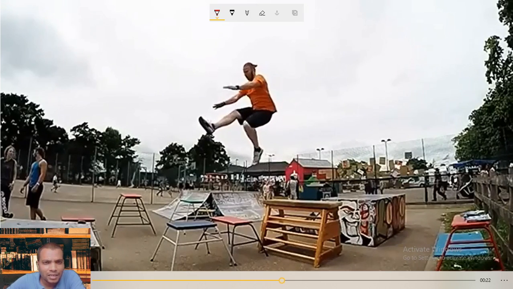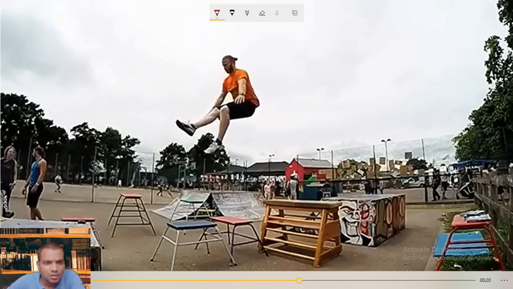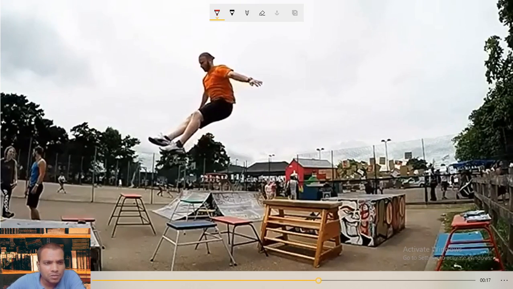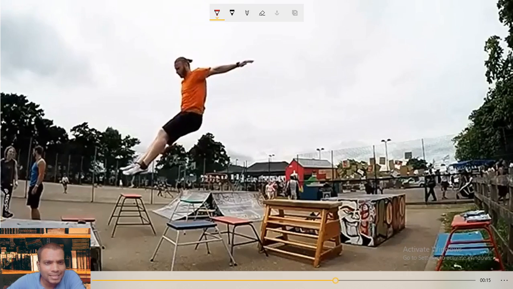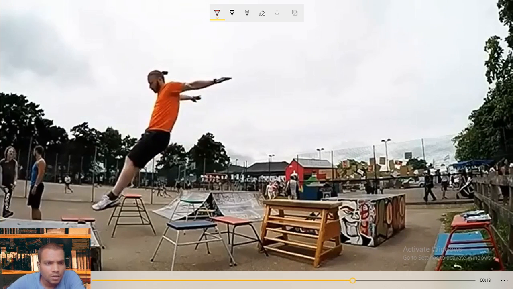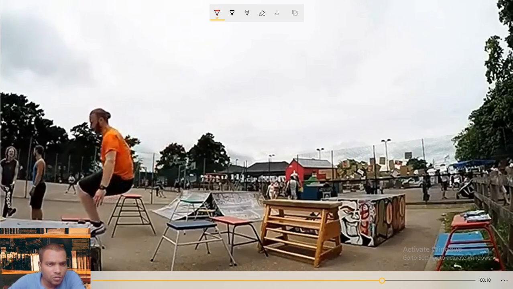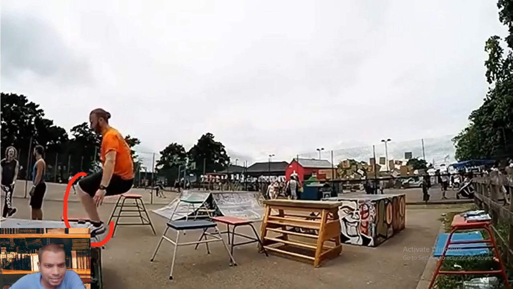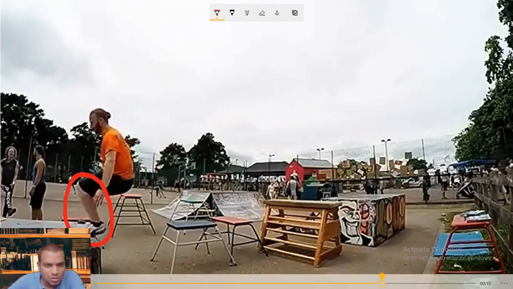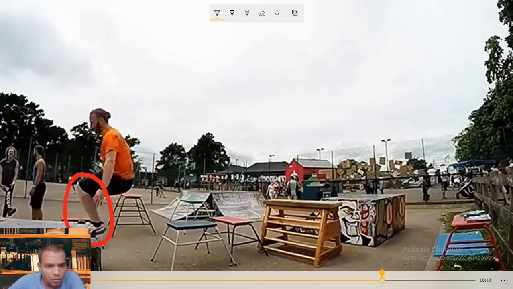This is playing in slow motion, so here you observe his legs' motion. After that, we need to fold our legs. So while folding our legs, what happens here?